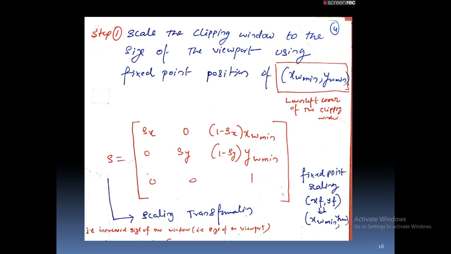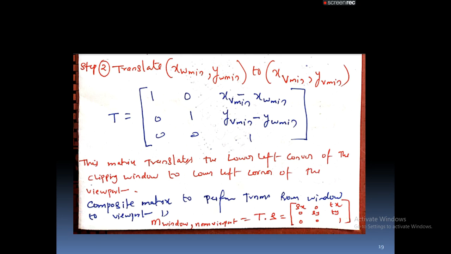Once you perform the scaling with respect to the clipping window, you can say that the size of the clipping window is the same as the size of the viewport. Then step 2 is that we need to translate xw min, yw min to xv min, yv min.